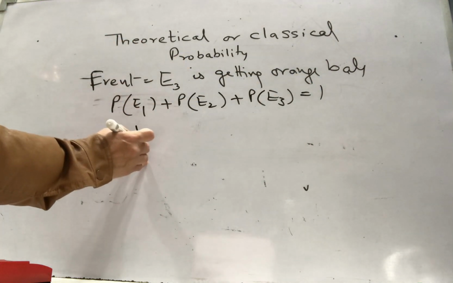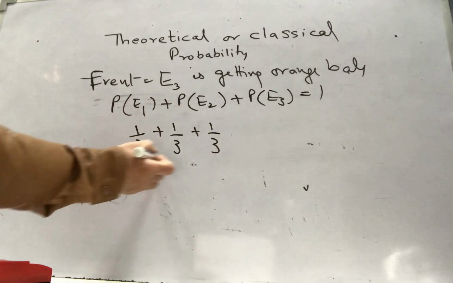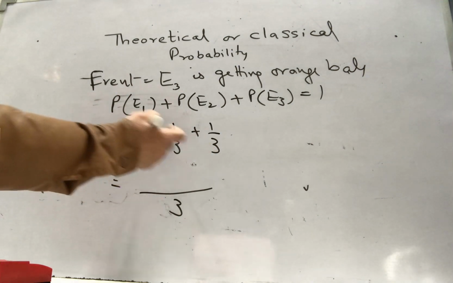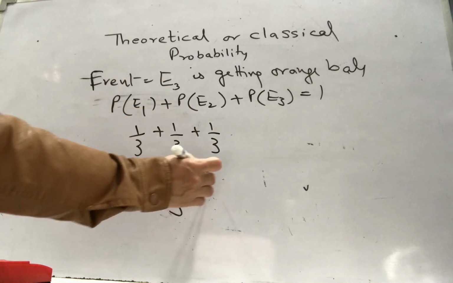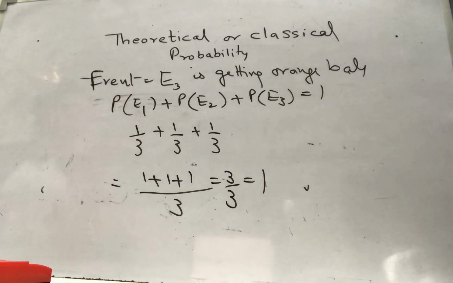Let's check. 1 by 3, 1 by 3 and 1 by 3. My LCM is 3 in this case, and numerators can be added. So I get 3 upon 3, which comes out to be 1.